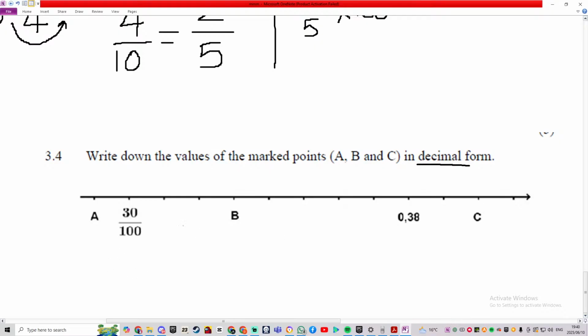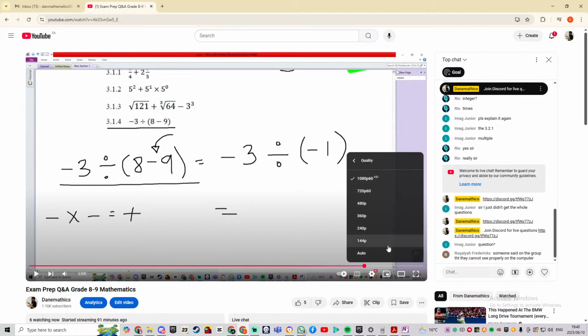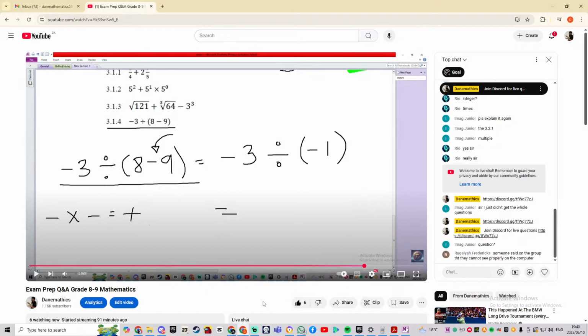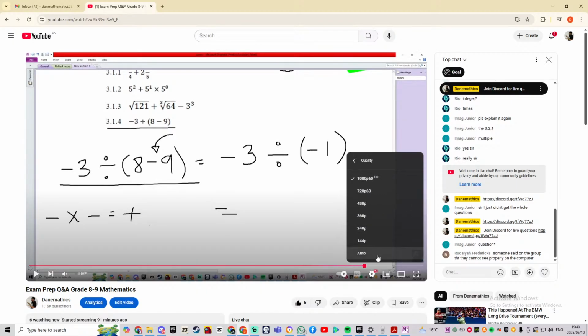Now, someone said on the group that they cannot see properly on the computer. Tell them to go here, go to quality. It's on auto.